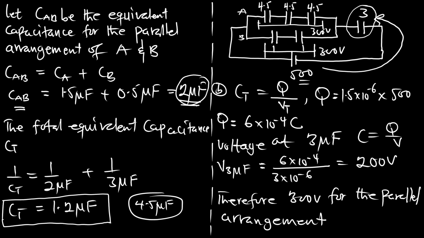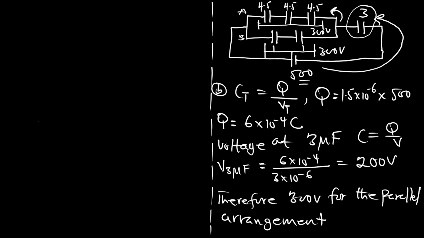Now let's look at the charge flowing through the A part. We now know the voltage of it, so let's find the charge. Out of the total charge, 6 times 10 to the power -4 coulombs, we want to find the amount flowing through the A part. The charge at the A section is the equivalent capacitance at the A section multiplied by the voltage at the A section.